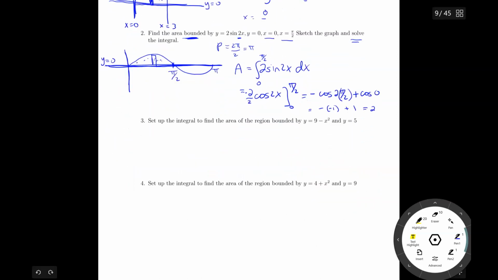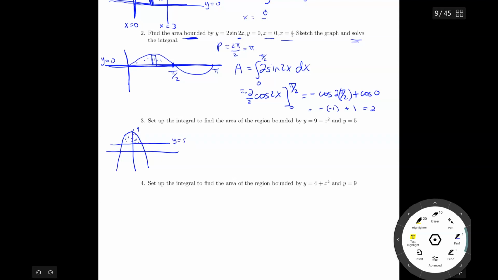All right, let's look at this next one. Now I've got the area bounded between two separate curves. We've got y equals 9 minus x squared, a parabola shifted up by 9, upside down, and here's y equals 5. This is the area bounded.